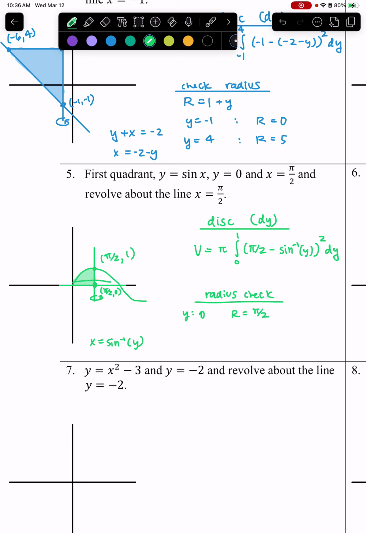And yeah, when y is equal to 0, our radius is pi over 2. And once we get all the way up to y equals 1, sine inverse of 1 is like saying at what angle does sine equal 1? And that's at pi over 2. So our radius would be pi over 2 minus pi over 2, which is 0, which checks out because we think our radius would be 0 once we integrate all the way to the tippy top.